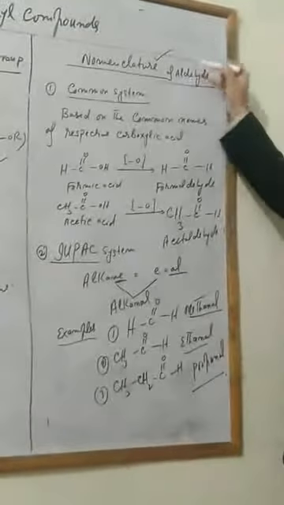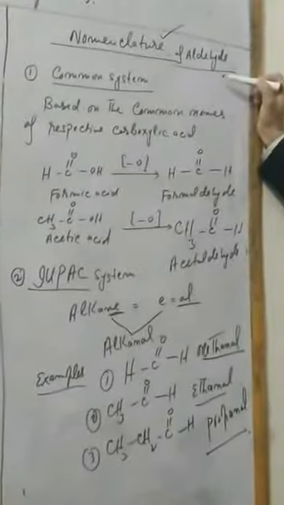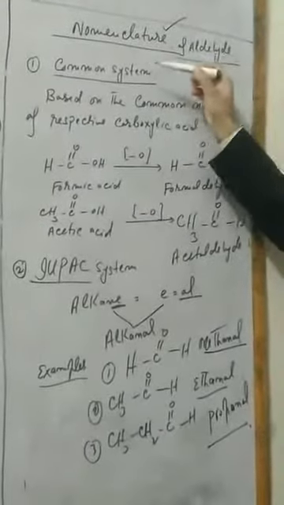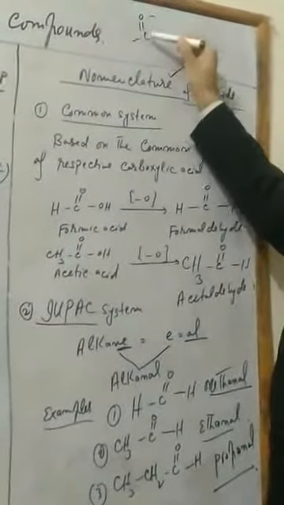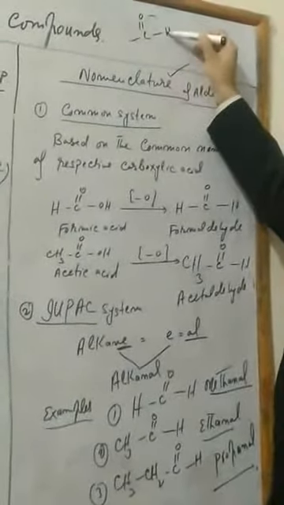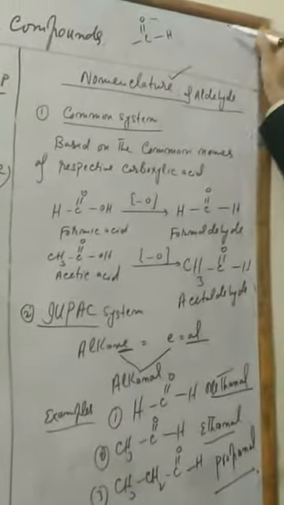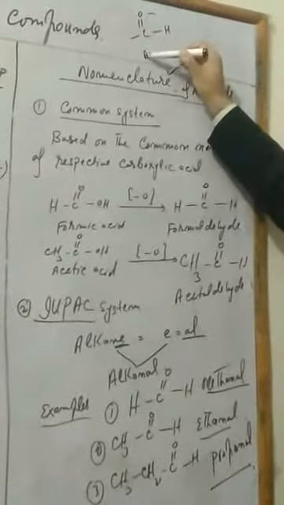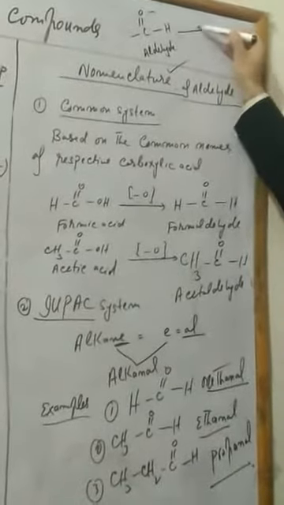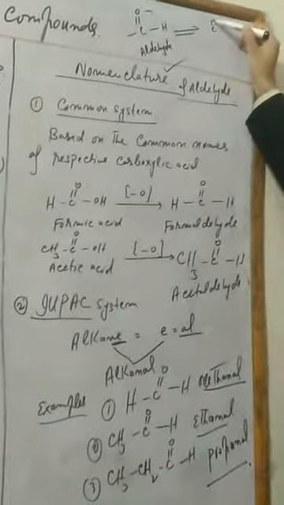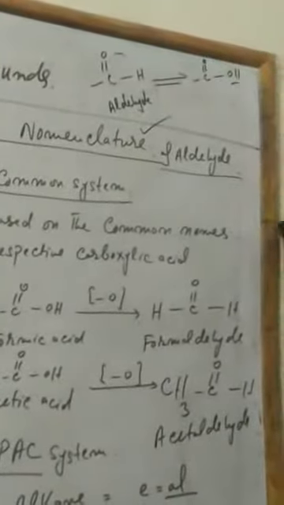Now, nomenclature of aldehyde. Nomenclature of aldehyde is very simple. In the common system, keep in mind, as I have told you, this is the functional group of an aldehyde, and this is the functional group of a carboxylic acid, COOH.